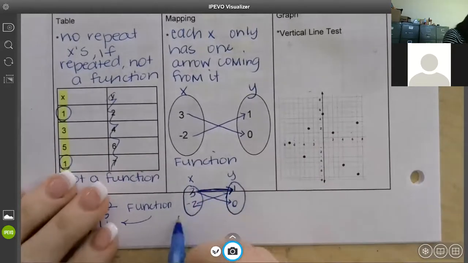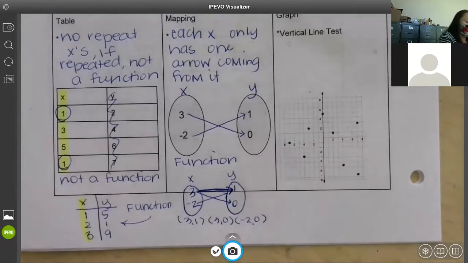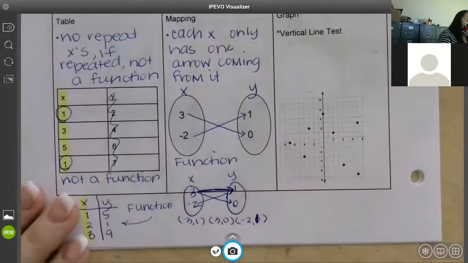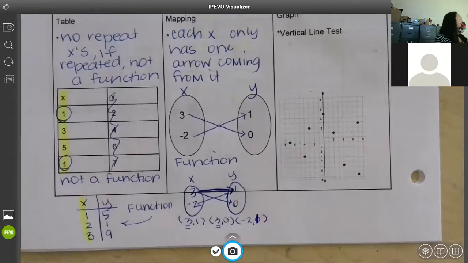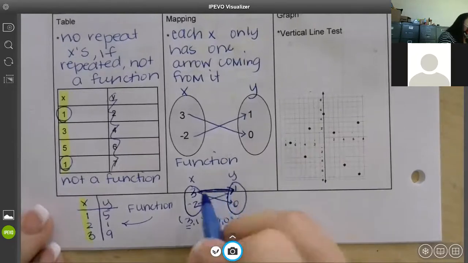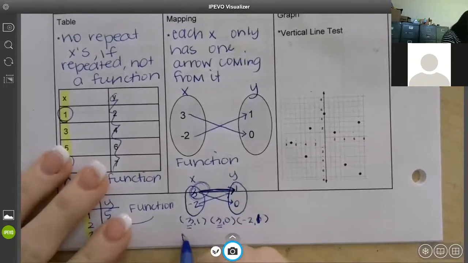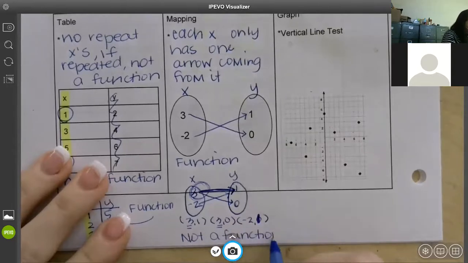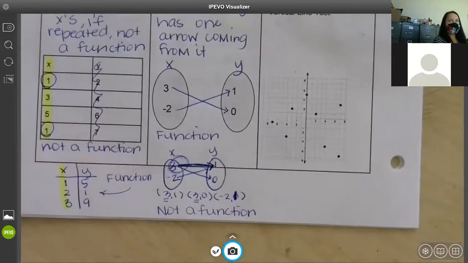So your coordinates would be 3, 1, 3, 0, and -2, 1. Sorry about that, y'all. If you look at our x's, we have two 3s. We can't have repeat x's. So what you're looking for is this right here: if more than one arrow comes from a number on the x side, then it's not a function. And we'll look at more examples. That one's the weirdest one. Okay, not a function.